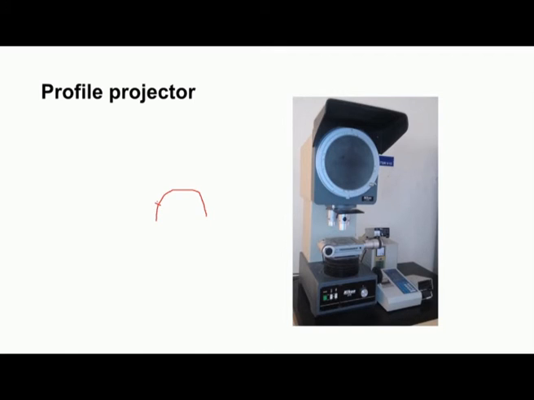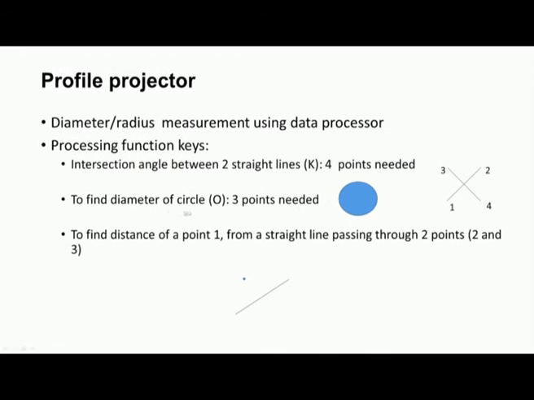So, we have to feed 3 data points, and then the data processor will calculate and tell what the radius is. It is a very quick method of measuring the radius. For measuring the diameter, we have to feed 3 points. It will give the diameter, and half of that will give the radius.